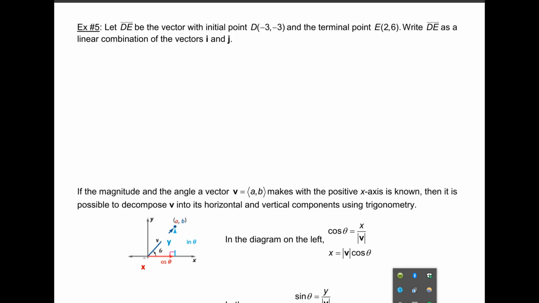Alright, example 5: let DE be the vector with initial point D, (negative 3, 3), and terminal point E, (2, 6). Write DE as a linear combination of the vectors i and j. Do we have any idea how to do this?